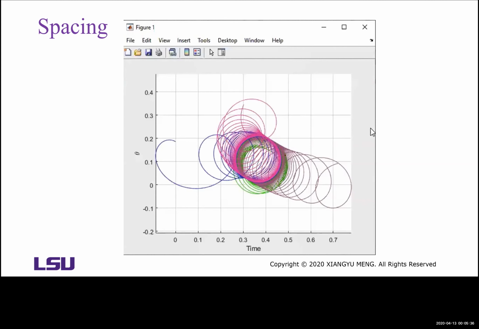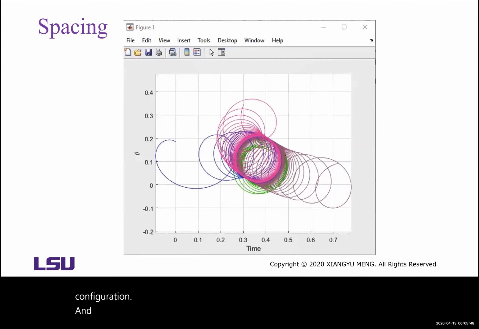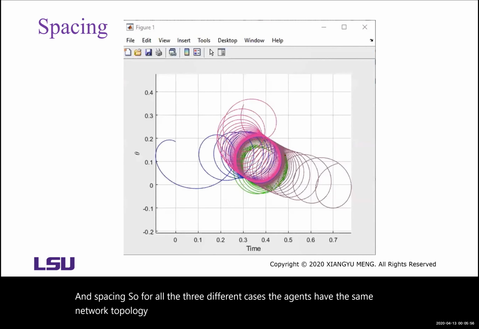If you still remember, we did the simulation for synchronization, balance configuration, and spacing. For all 3 different cases, the agents have the same network topology and the same initial position.